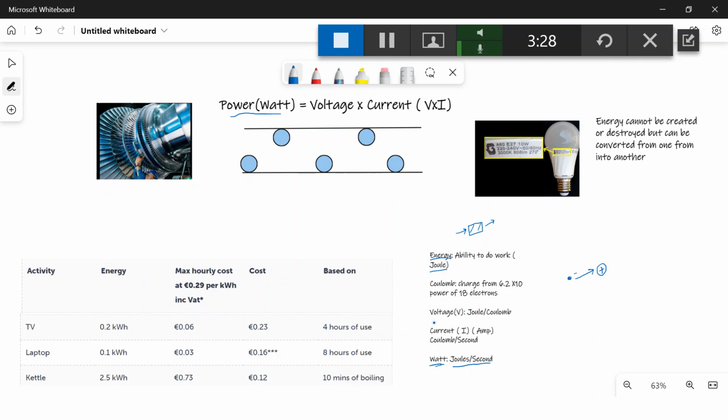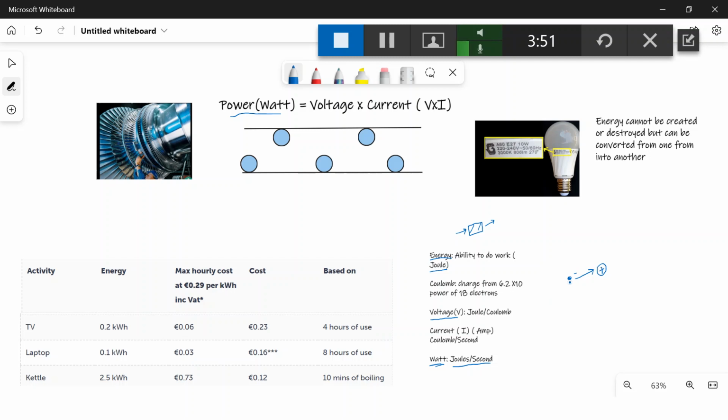This is what's known as voltage. Another way to think about voltage is that the bigger the voltage, the more energy the electron has, and the bigger the positive force attracting or pushing the electron through a conducting material, the bigger the voltage.